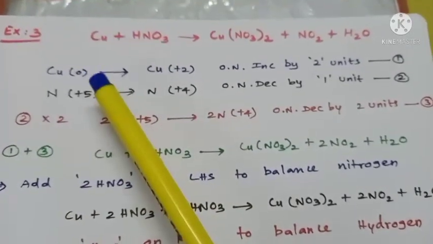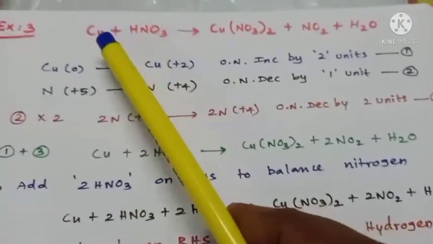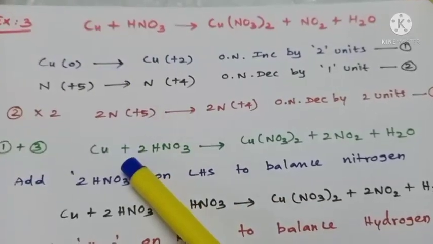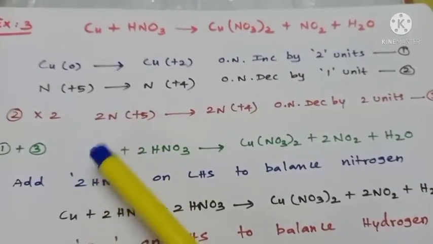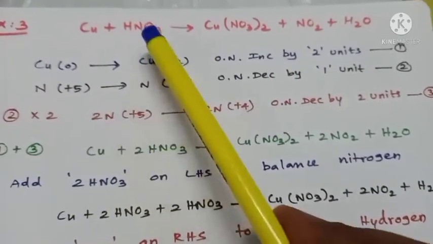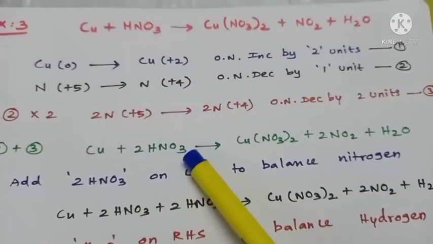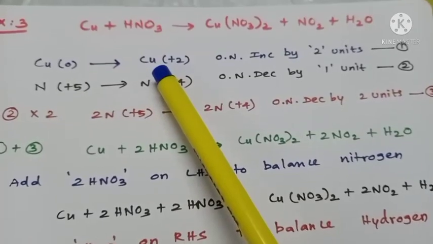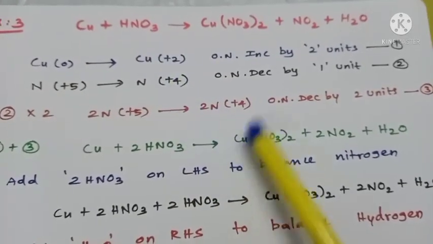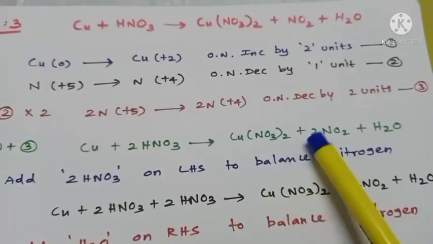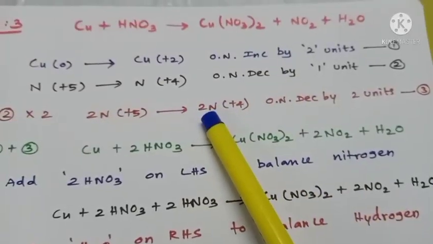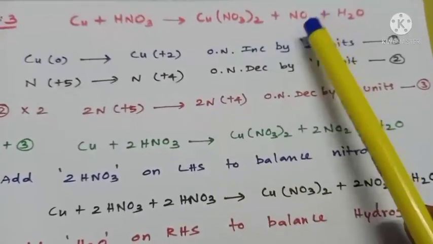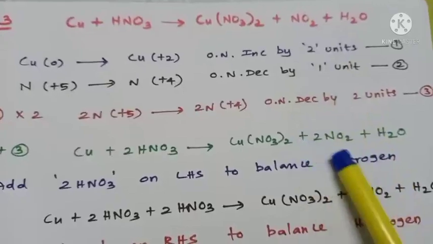Right. So in equation 1, left side copper, in the original equation it is in the same form. So let us add Cu as such. Then in equation 3, left side 2 nitrogen, but originally HNO3, so 2HNO3 gives. First equation, right side 1 copper, so in original format Cu(NO3)2 plus. Third equation, right side 2 nitrogen, but original equation NO2, so 2NO2.